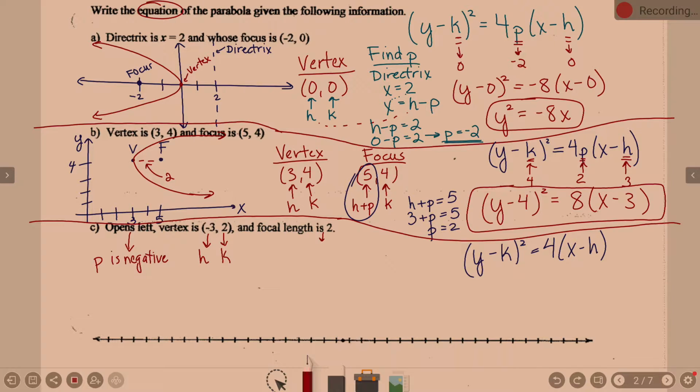If the focal length is 2, then P is 2. Well, kind of. What do we have to take into account, though? Okay, so the focal length is 2, so that distance is 2. But because this opens left, we're going to have to use the fact of P being negative 2 because of that.